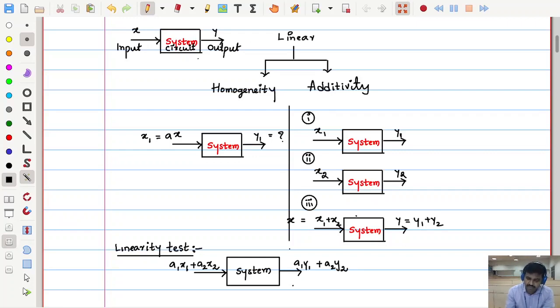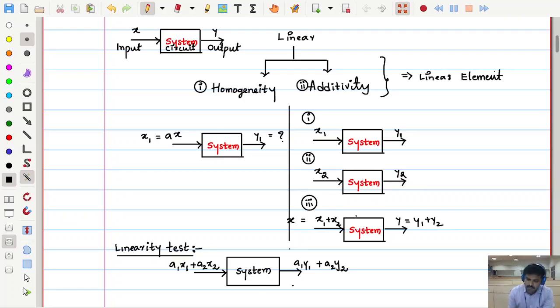This linearity between output and input we will study in terms of two properties: one is homogeneity and the other is the additivity property. Let us see what homogeneity and additivity are. Usually once an element obeys these two properties, we can call that element a linear element.